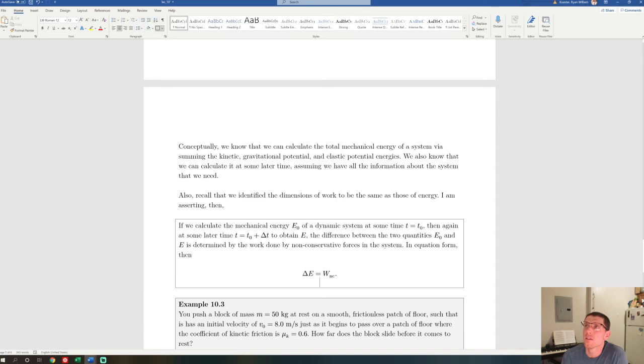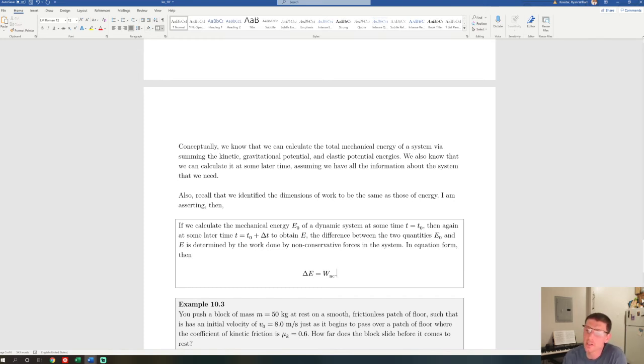Because if there are no non-conservative forces doing work, obviously this term here is 0, and that just states what we had for conservation of energy earlier, right, where we were thinking about there being no non-conservative forces doing work. So this is a pretty important and powerful result.